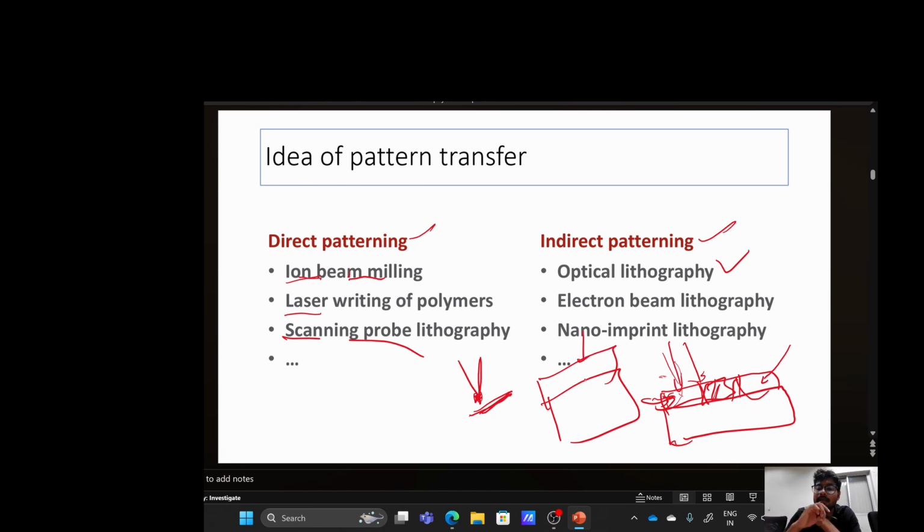The pattern is transferred on this one. Optical lithography uses light, and there is writing and patterning. Here there is writing, and another thing is to transfer the whole pattern.